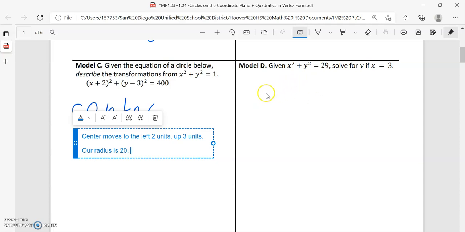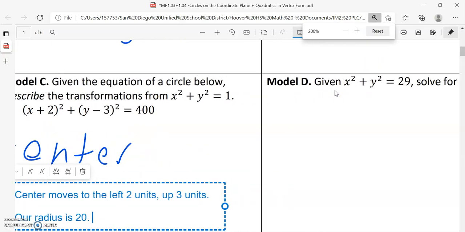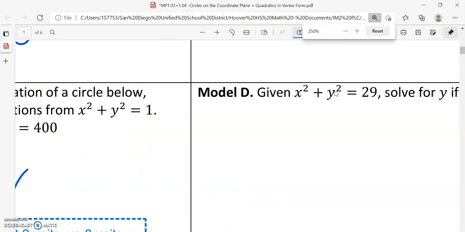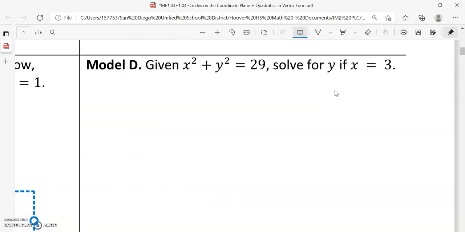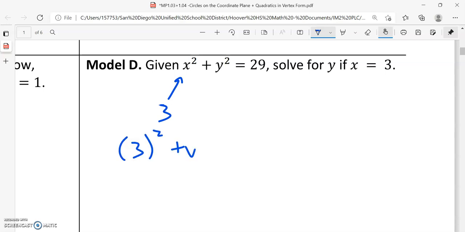Model D: given x squared plus y squared equals 29, solve for y if x equals 3. Okay, so we have an equation, and we need to solve it. So x equals 3, so we have 3 going in for x squared. So 3 squared plus y squared equals 29. 3 squared becomes 9.